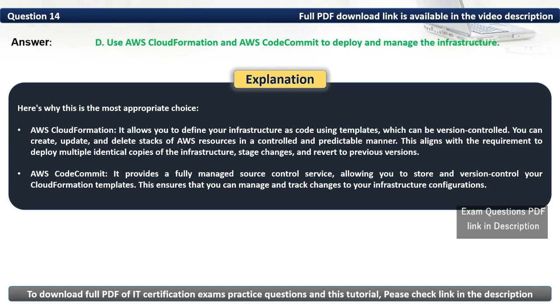This aligns with the requirement to deploy multiple identical copies of the infrastructure, stage changes, and revert to previous versions. AWS CodeCommit: it provides a fully managed source control service allowing you to store and version control your CloudFormation templates. This ensures that you can manage and track changes to your infrastructure configurations.